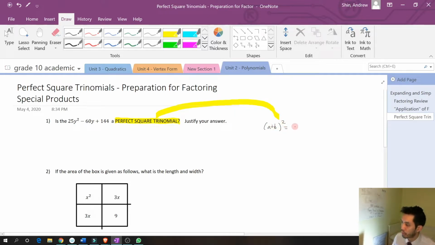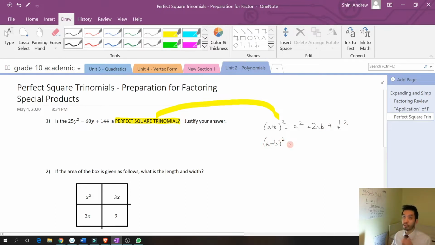If you remember, if I were to FOIL that out or expand it, it was a squared, and then it was double ab. So you take a and b, multiply them together, and multiply it by 2 because it repeats itself. And then you multiply the last two b's, the b times b, which will give you b squared. And there's also a minus b all squared.